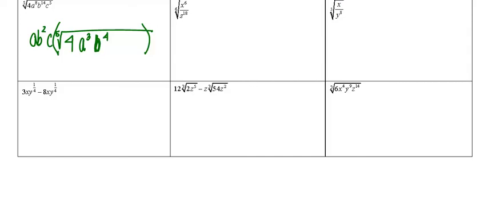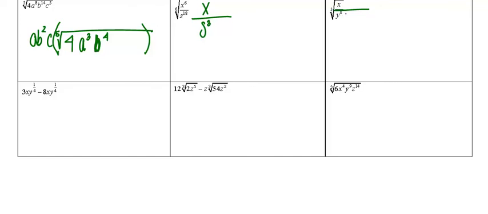And finally, 5 goes into 5 once. So I'm also going to be able to pull out a c. So my final answer should be a times b squared times c multiplied by the 5th root of 4 times a cubed times b to the 4th power.